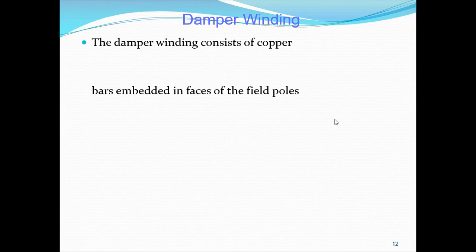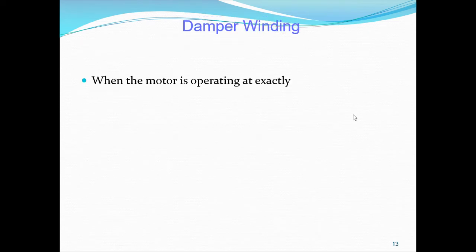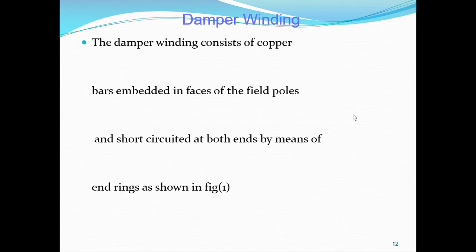The same thing is written here. The damper winding consists of copper bars embedded in the faces of the field poles and short circuited at both ends by means of end rings. Okay, so that is the winding and how it is placed.